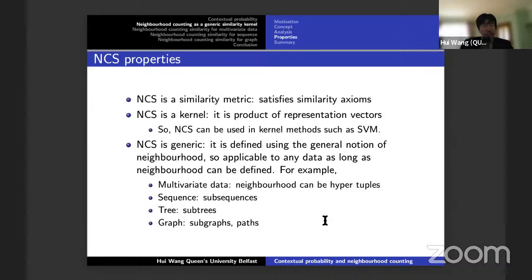Okay, so the neighborhood counting similarity has some nice properties. It is a similarity metric, because based on that analysis we can easily show that it satisfies the similarity axioms. The NCS is also a kernel function because it is a product of representation vectors, as I showed earlier.